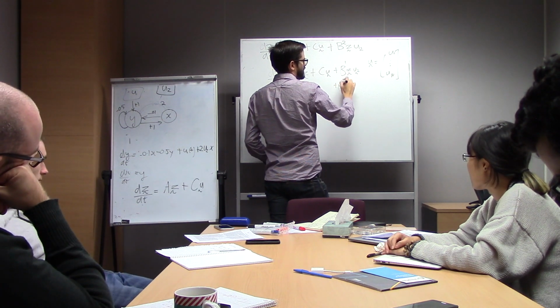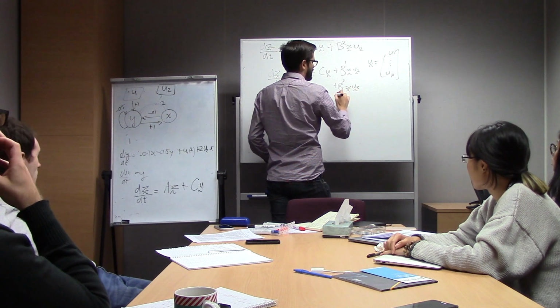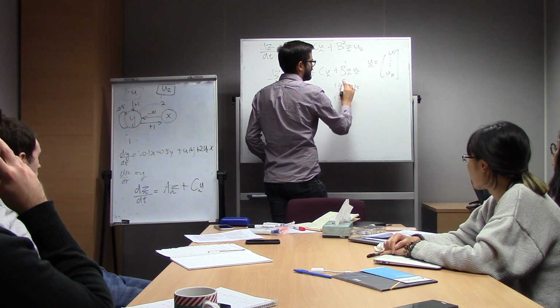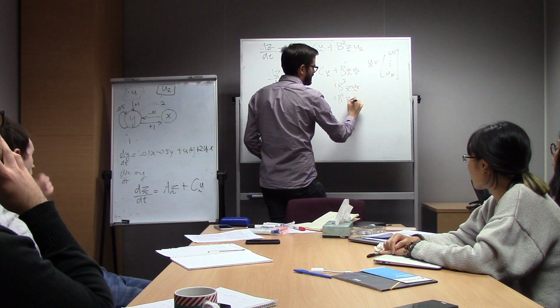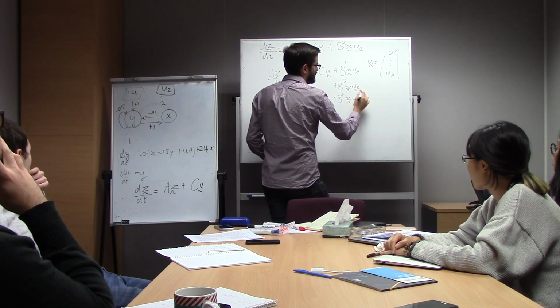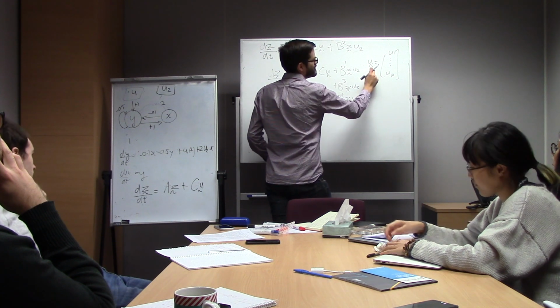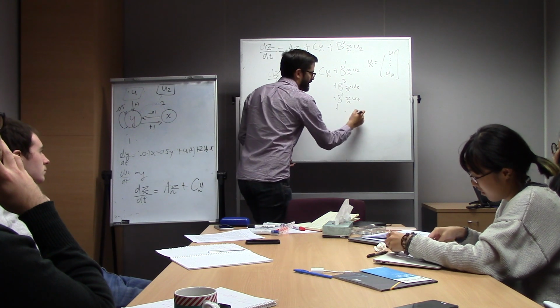But I can add b2 z u2, plus b3 z u3, plus b4 z u4, sorry, because u is a vector. Plus, you can see a pattern, right?